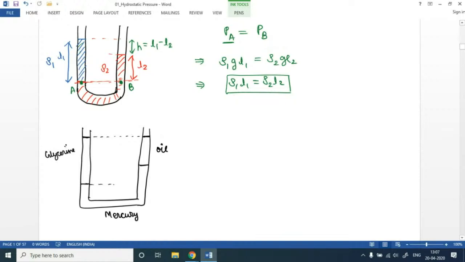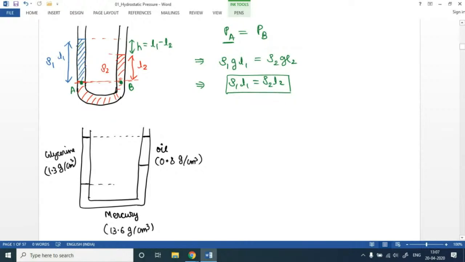Let me give you some specifications also. This oil has a density of, for example, 0.8 gram per centimeter cube, or you can say its specific density is 0.8. For the mercury, we know it already, that is 13.6 gram per centimeter cube. And for glycerine, let's say that is 1.3 gram per centimeter cube.